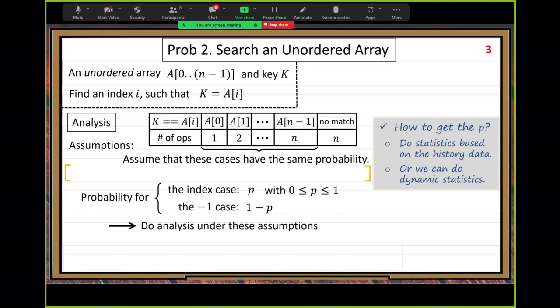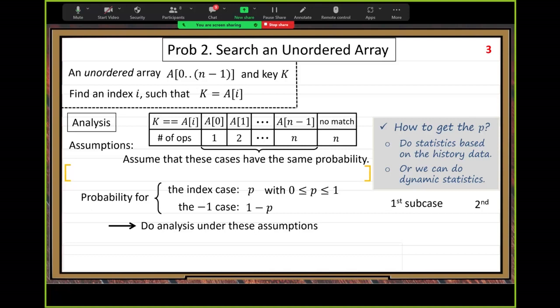Next, we assume we have a specific p-value, and we want to see what is the fair way to calculate the average case efficiency. What is the suitable way to combine all the cases? Here we take two subcases. The first subcase is the index case. The second subcase is the -1 case, the no match case.